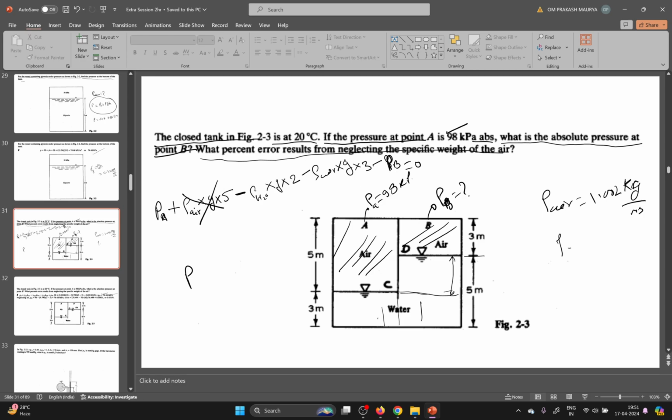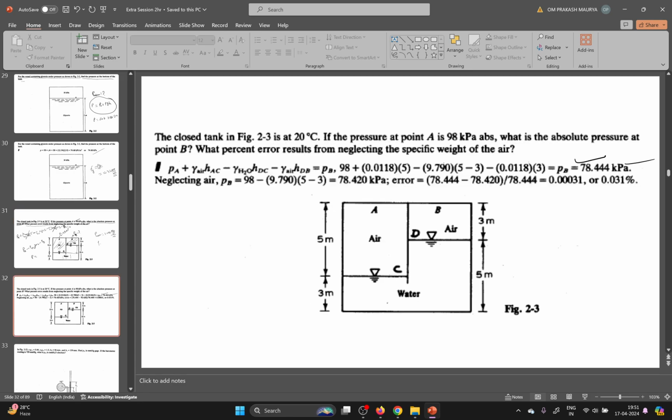When you remove these terms, what will be remaining? Pressure at A minus rho H2O g into 2 minus PB. So your PB will come to 78.420. In the first case 78.44, in the second case 78.42, so the effect of air is very minimal. So we can neglect this also.